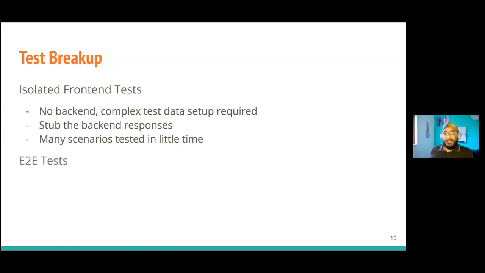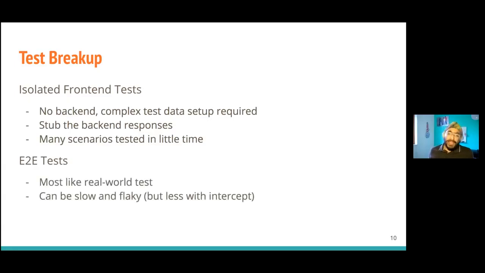End-to-end tests, as I hope we all know, are the most real-world tests. They can be slow and flaky. We can reduce some flakiness using the intercept command, especially when it comes to backends. And so we'll try to do as few scenarios as possible.